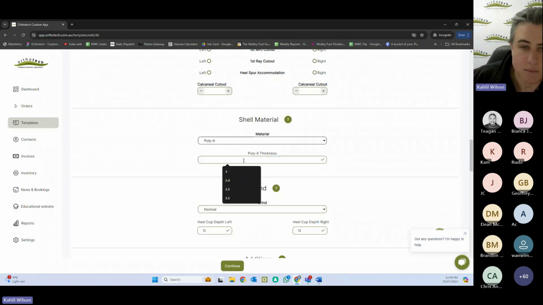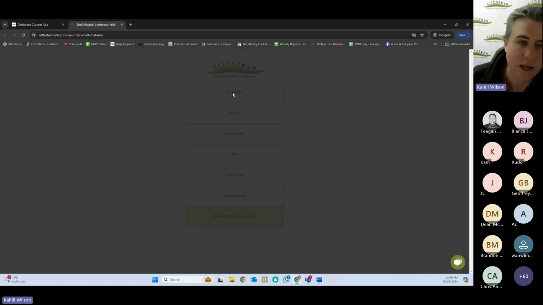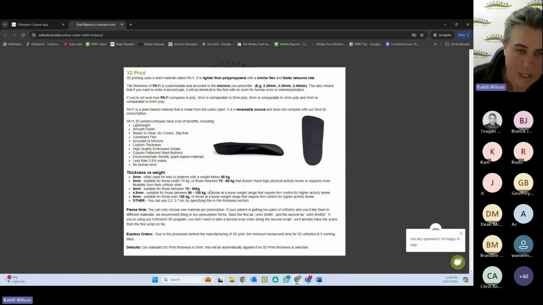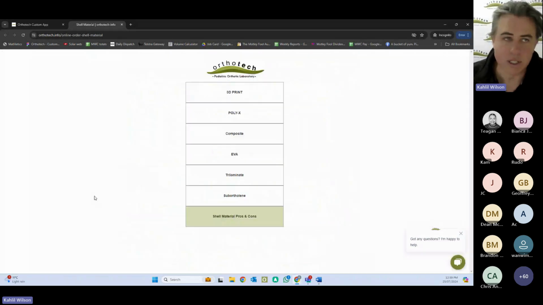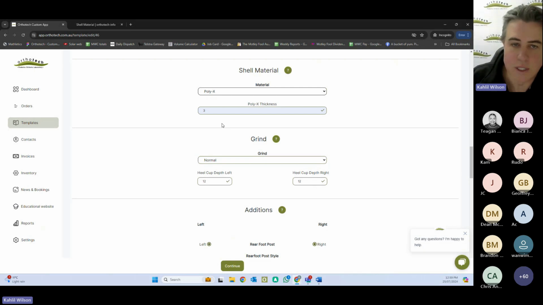Sorry, I tend to also just go 3mm poly or 3mm PA11 or 3D print. Obviously, you need to adjust that, and you can click on these and look at various weight categories, although weight isn't the only thing to consider. There's amount of pronation, there's activity, but I won't go too much into how to choose that at the moment.